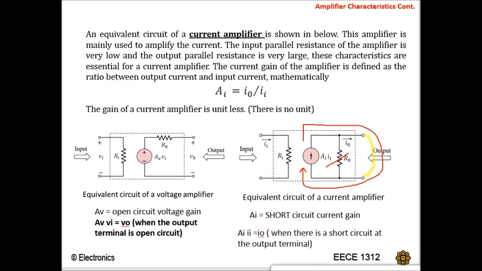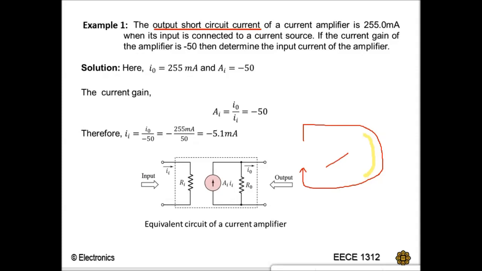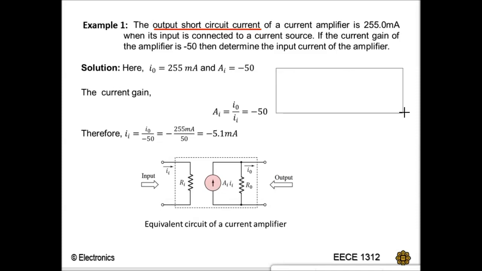Okay, so basically now if you go to the next slide, let me wipe this off. Alright, so in this slide the question says the output short circuit current. Similarly, last week I defined the open circuit voltage.